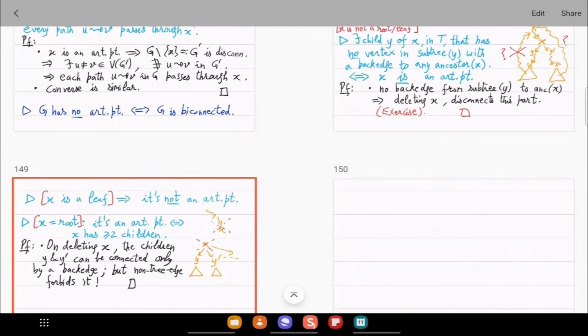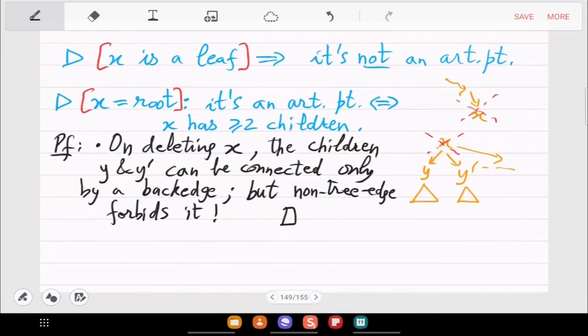But unfortunately, when you delete X, Y and Y prime are not ancestor related. So it's not clear where you will draw the back edge. It doesn't exist. You would have to draw multiple back edges so that from Y you can go to Y prime, but that's not possible because you are looking at subtrees. So you can work out the proofs. Leaf is pretty clear. Other internal node and root, you can think about this. Finish the proof if these are the main properties.